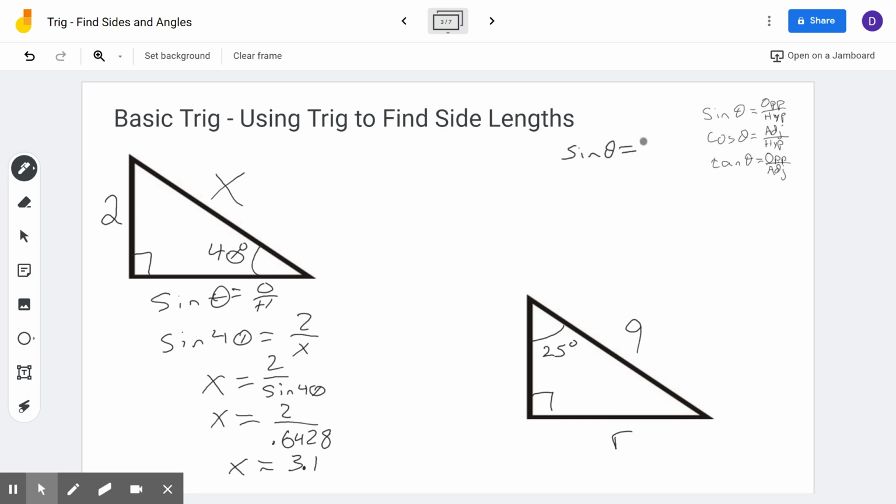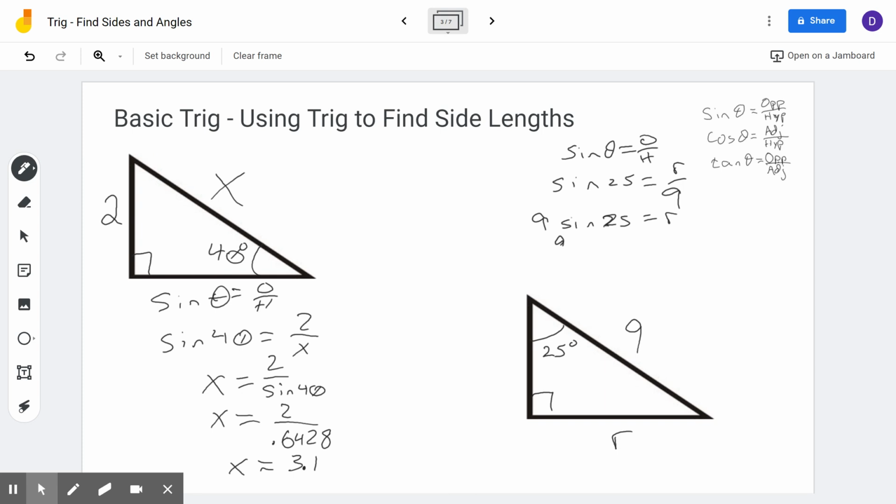Sine of theta equals opposite over hypotenuse. So the sine of 25 equals opposite, which is r, over 9. So 9 sine of 25 equals r.